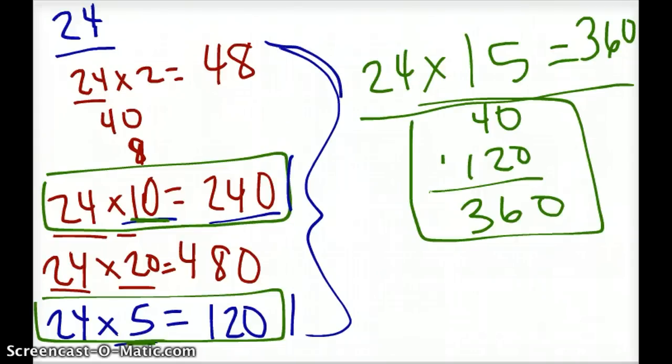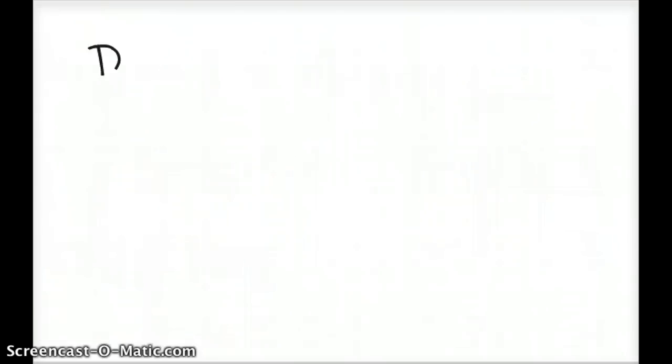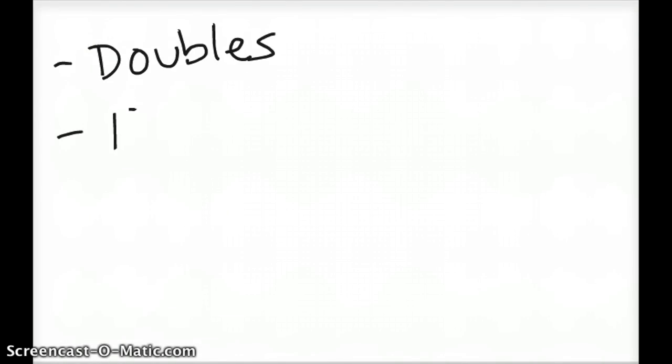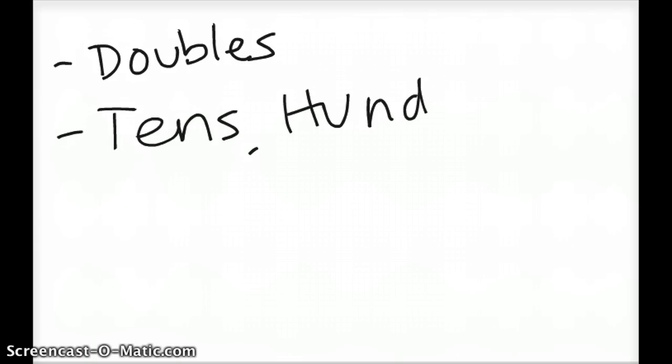What I will encourage you to do is to continue to look for number combinations that you can make based off of facts that you already know. Facts that we easily know, just to review, would be think about your doubles. Another one to think about would be multiplying by tens, hundreds. Basically, we would call these our multiples of 10.